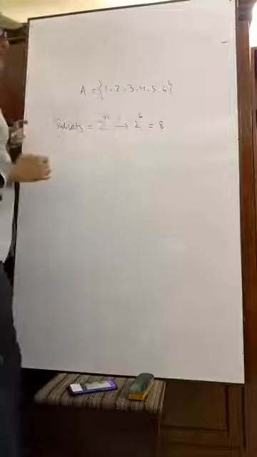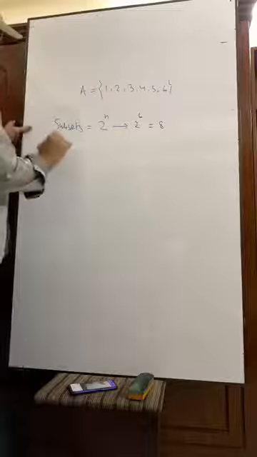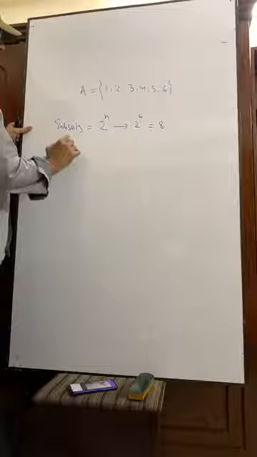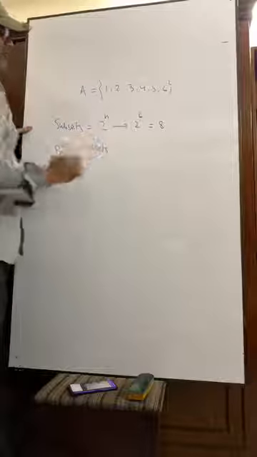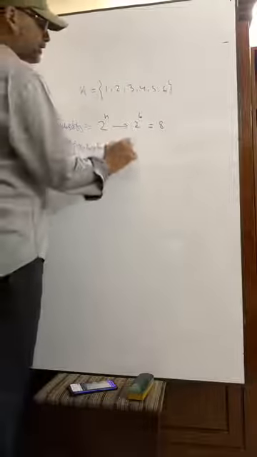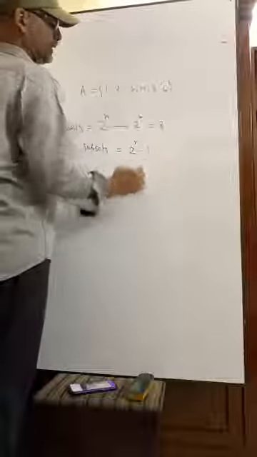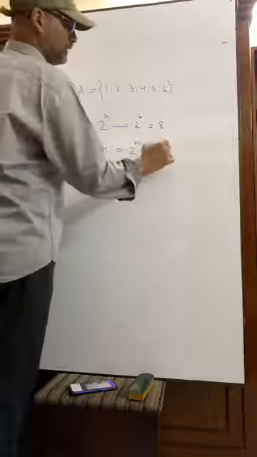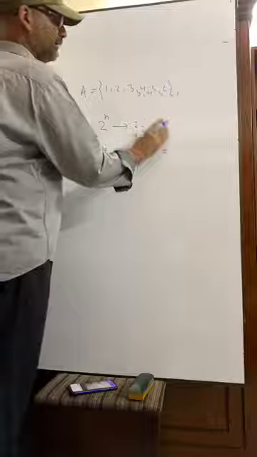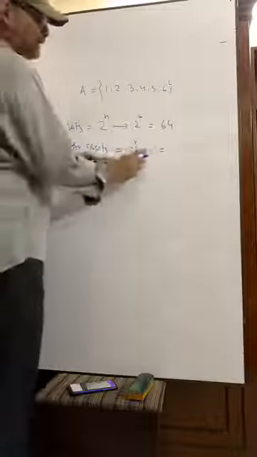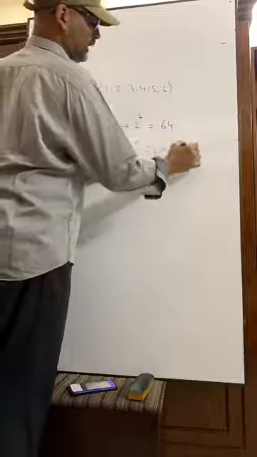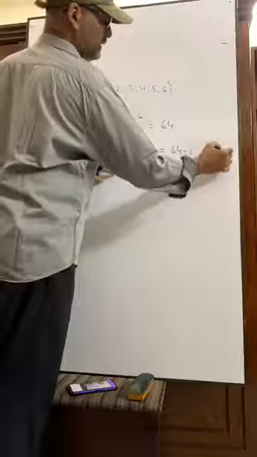Okay. But if you are told to determine the proper subsets, then it is the formula 2 to the power n minus 1. I am sorry, here I have written 8; it is 64. Extremely sorry. 2 to the power n minus 1, that is 64 minus 1 equals to what? 63.